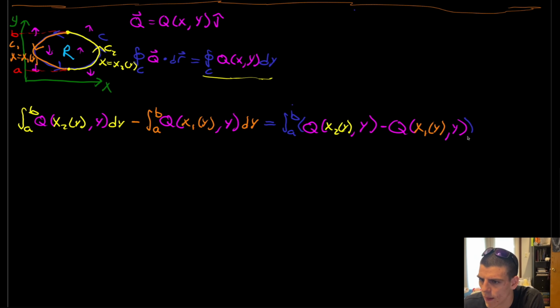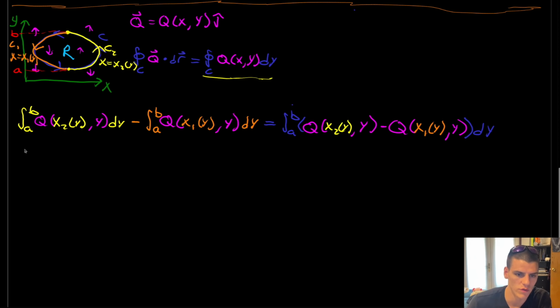And then all of that times the dy, the change in y. And if you'll notice here, this one, unlike the other one, already has the x2, which is the higher curve here on the x-axis, as the upper bound, and the lower one that's being subtracted out is already x1. So this is good. We don't need to flip the sign of the whole thing negative.